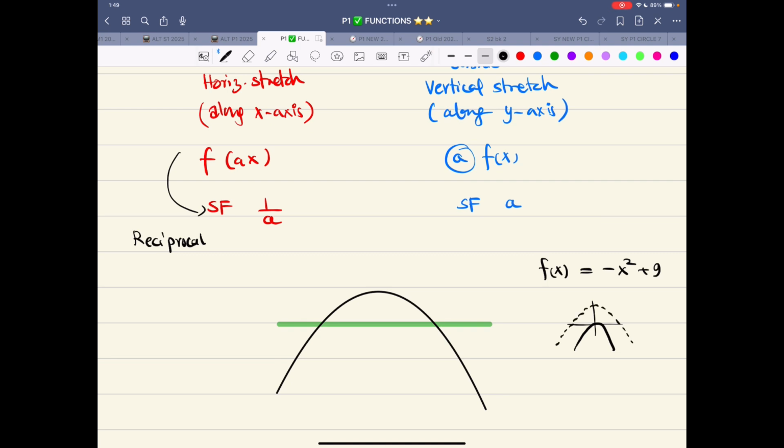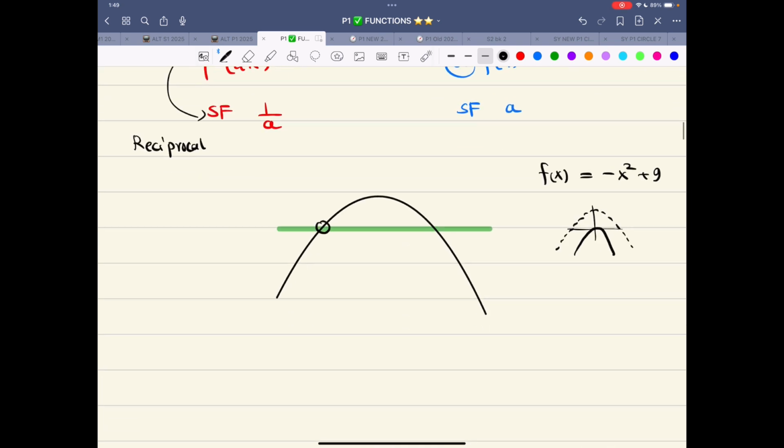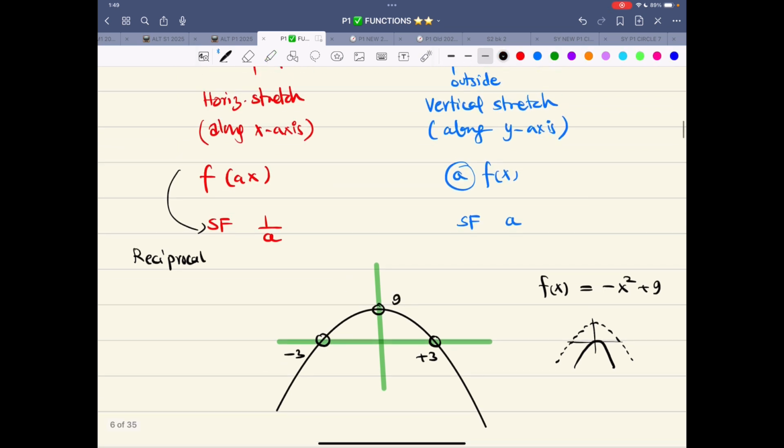That's one way of drawing. The other way is the factorized form. So the coefficient of x square is negative, it's upside down, and the roots are, this is negative 3, this is positive 3. And if I draw the y axis, it's not drawn to scale, it's just a rough sketch. So this y-intercept is 9.